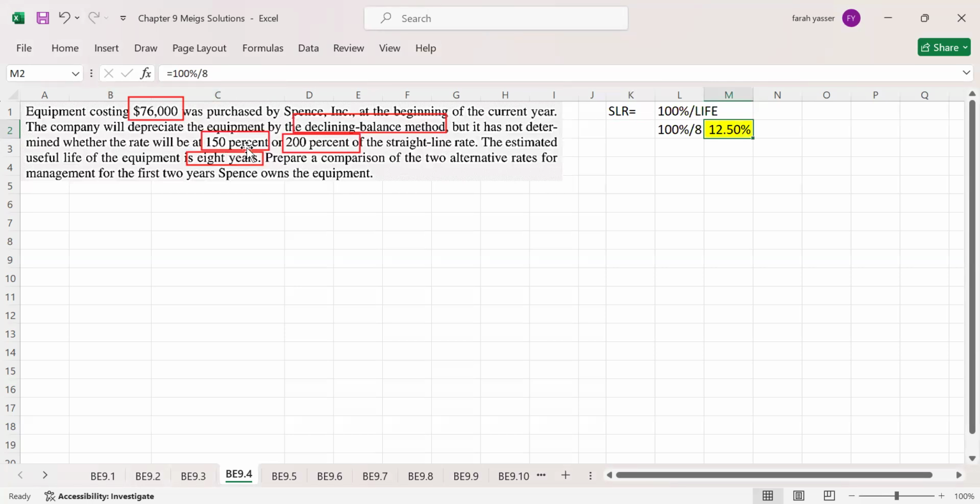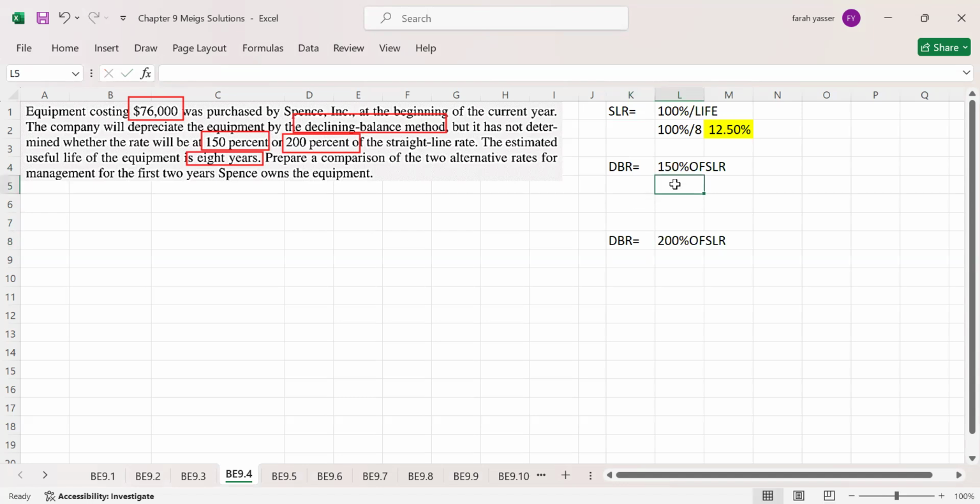Now we have to calculate two different declining balance rates. First is 150% of straight line rate, and the other is 200% of straight line rate.